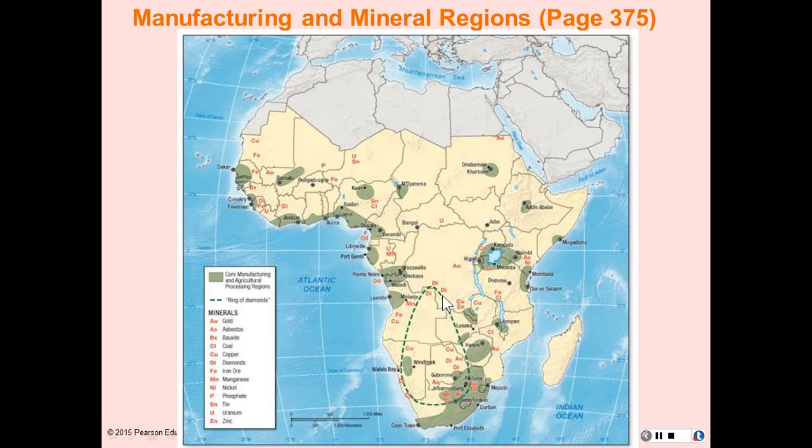But the diamonds often are considered very significant through this region. Gold also in other parts of the rift zone in the south. Coal is in the rift zones as well.